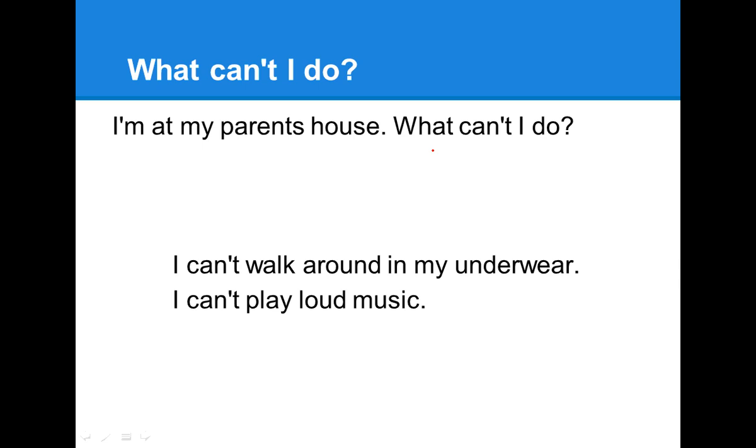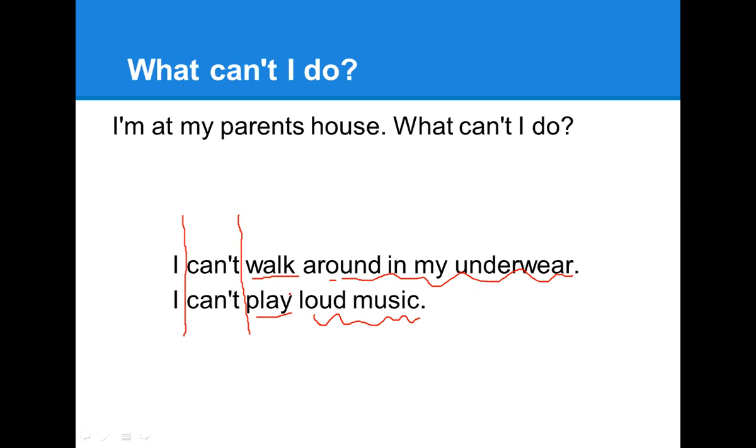Let's do the same thing we did before and figure out what's the same and what's different. Again, we have the same subject, we have the same modal, can't, and we have a different verb and the rest of the phrase that kind of goes with it. Verb, rest of our phrase.